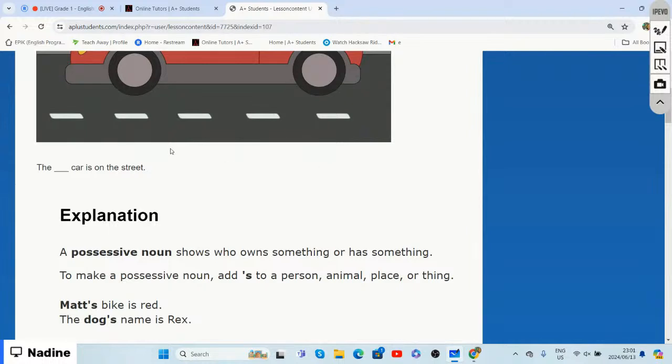And usually, in order to make a possessive noun, all we need to do is add an apostrophe and an S.